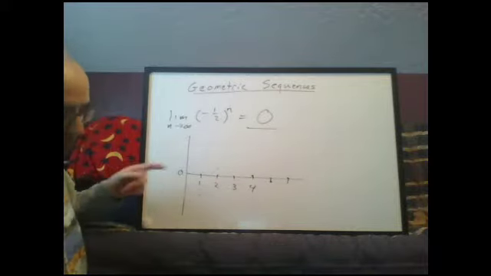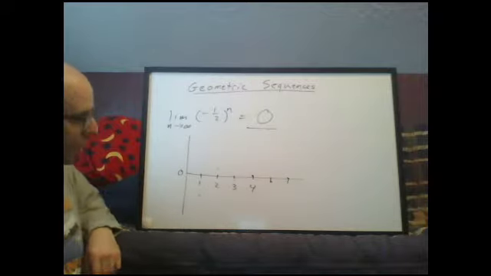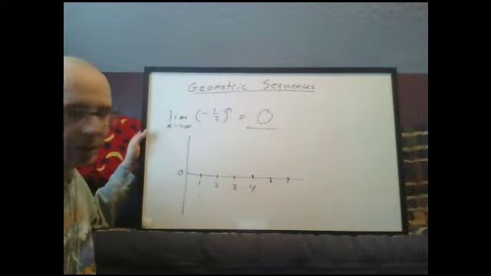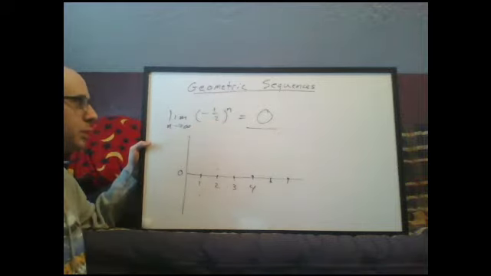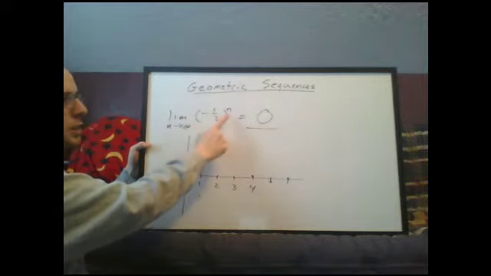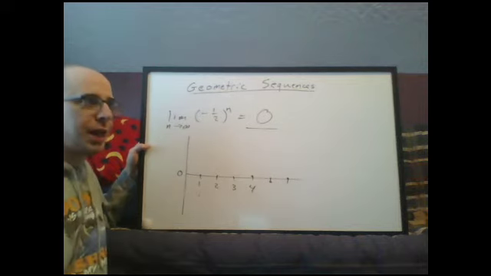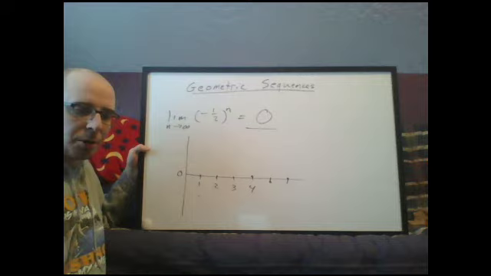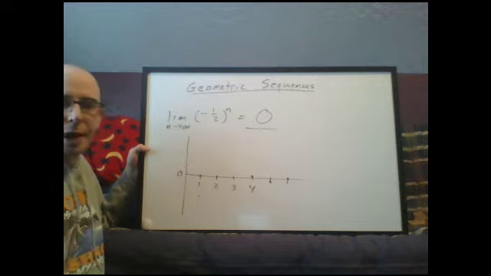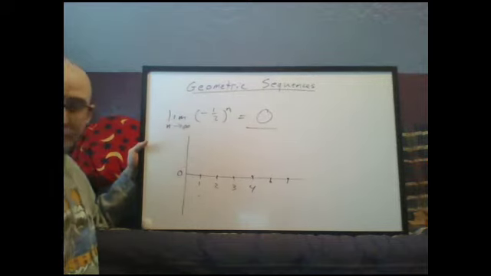Now I'll say more about this in a minute, but with this specific sequence, when you have this minus sign raised to the nth power, you can't raise negative numbers to certain exponents. Like you can't raise -1 to the 1/2 power and still get a real answer.